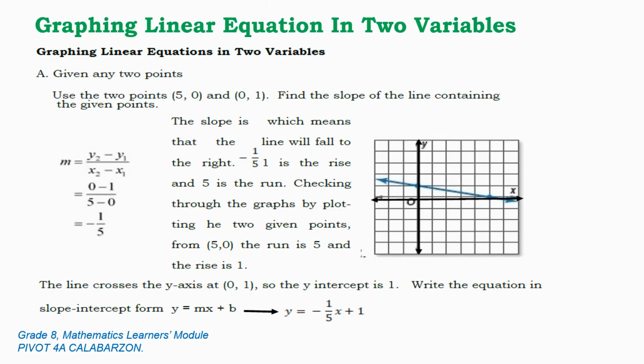Okay. We have another example here. The same naman yan. Our points, we have 5, 0 and 0, 1. So if we have already the points, you can plot the points on the graph or directly. Then malaman nyo na agad.